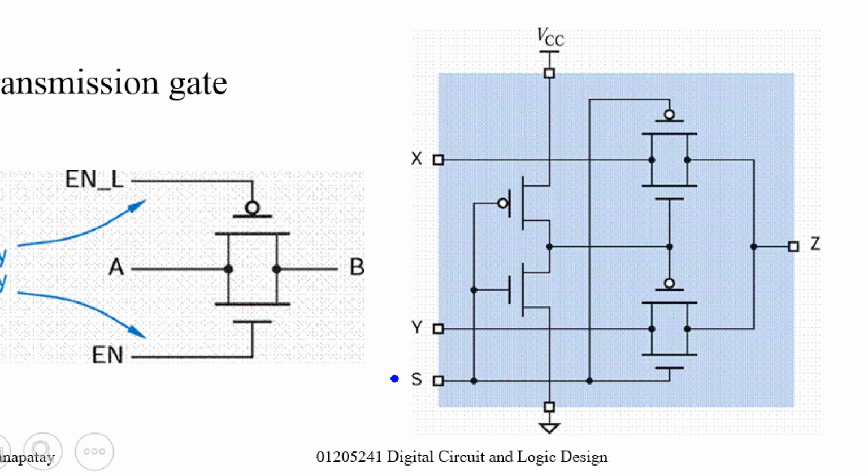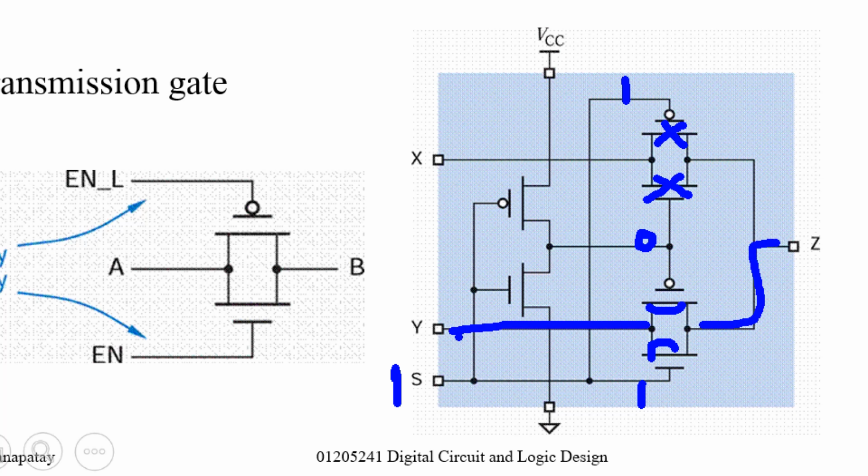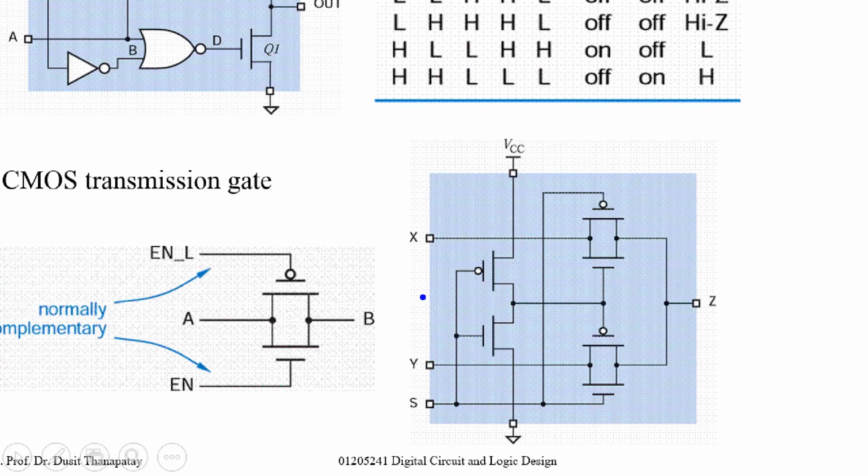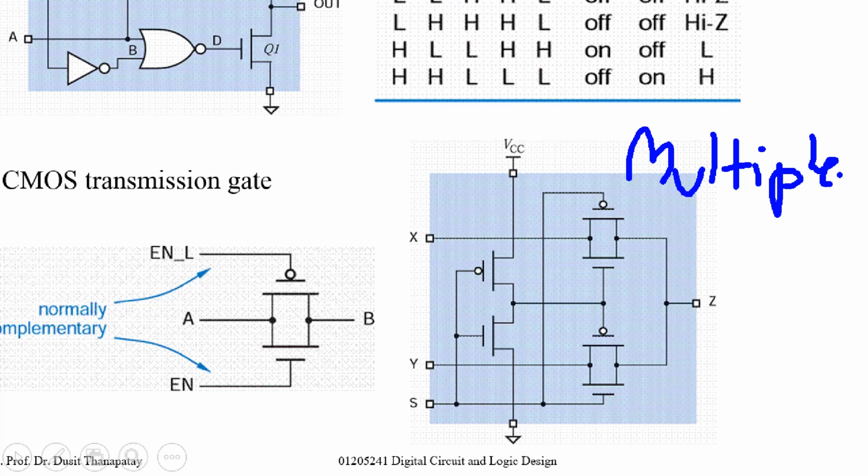Similarly, if S is 1, what happened? When S is 1, this output will be 0, right? 1 at here, 1 at here. So this one turns on, this one turns on, this one off, this one off. So output Z is now connected to Y. So actually this one is some kind of multiplexer or mux.